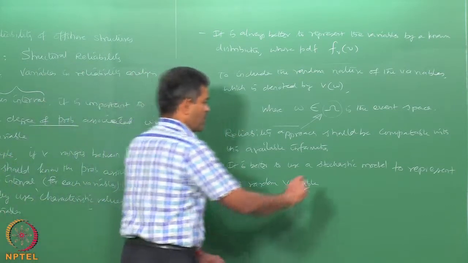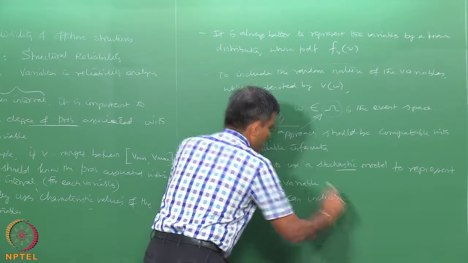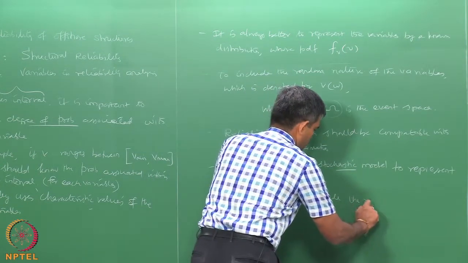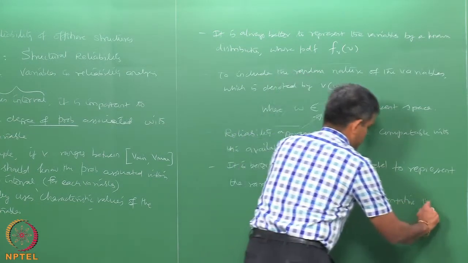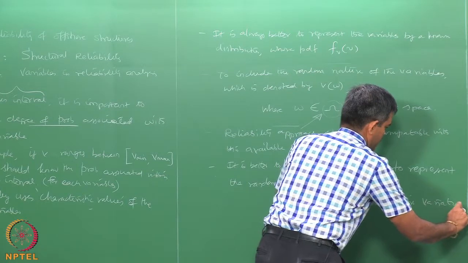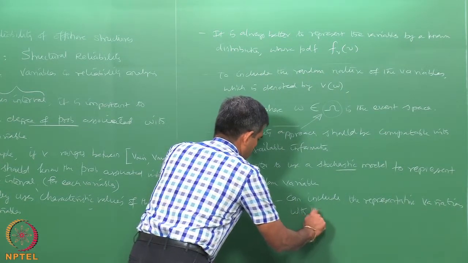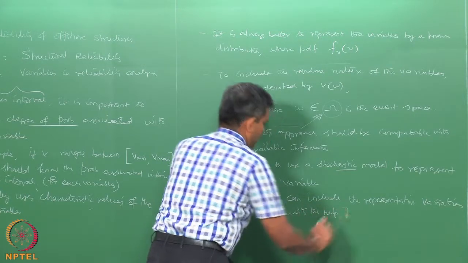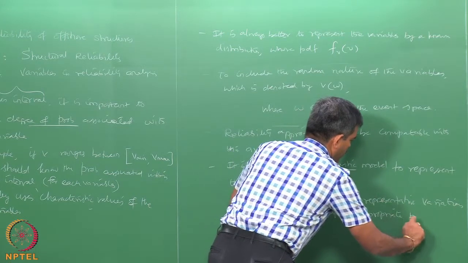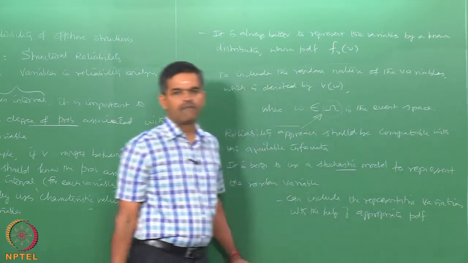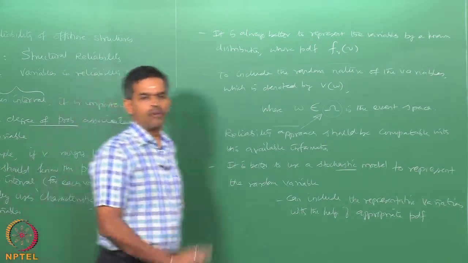Stochastic models can include the representative variations with the help of an appropriate probability density function. There are two main approaches to handle this whole problem.